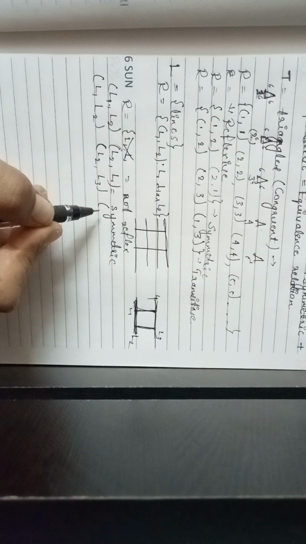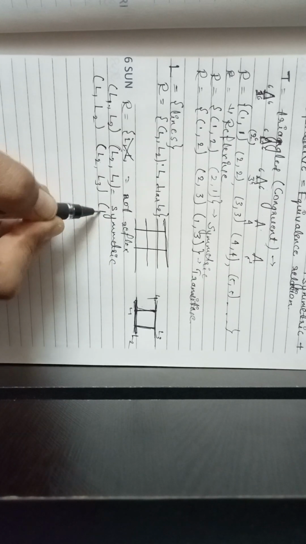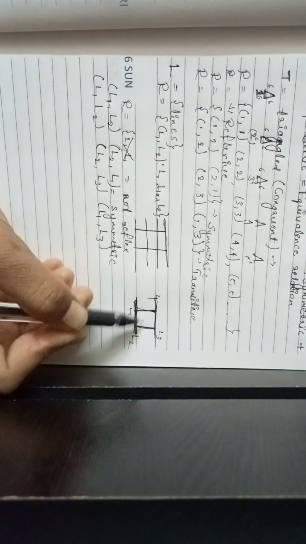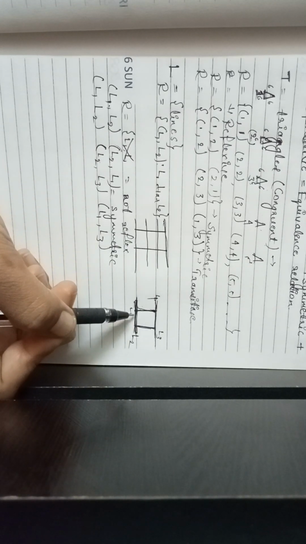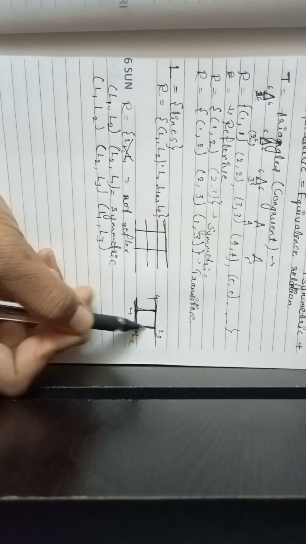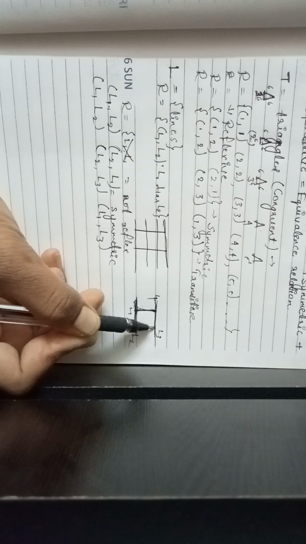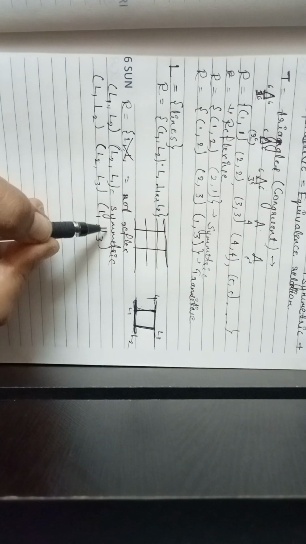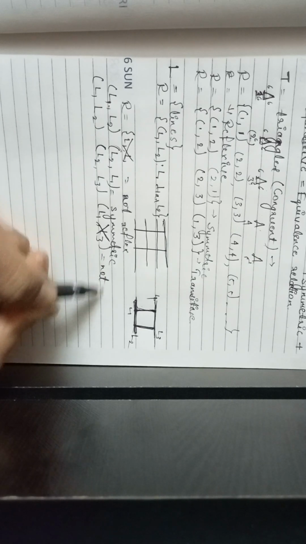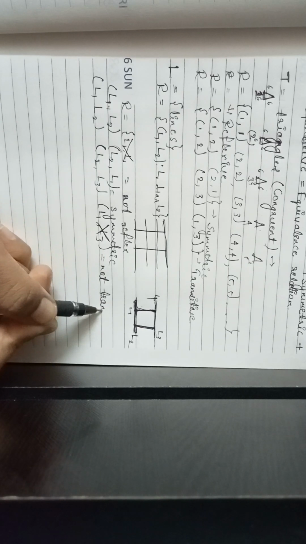Now what is transitive? It should be L1 and L3. Now check. This is L1 and this is L3. Is L1 perpendicular to L3? No. So this is not possible. So this is not transitive.